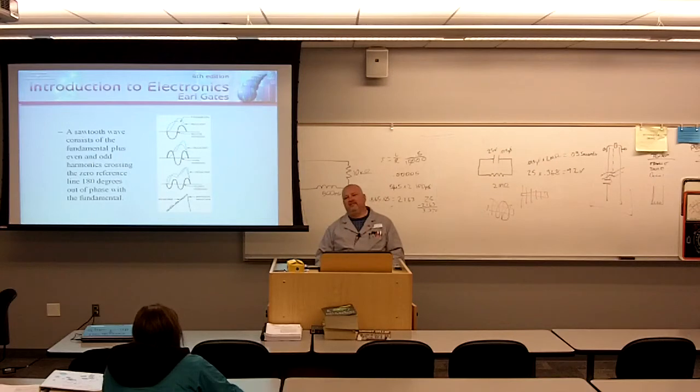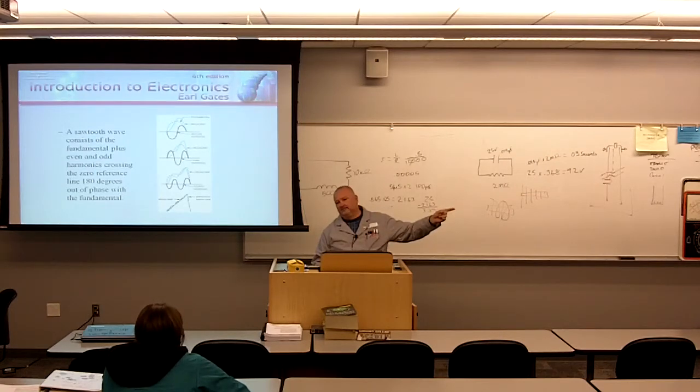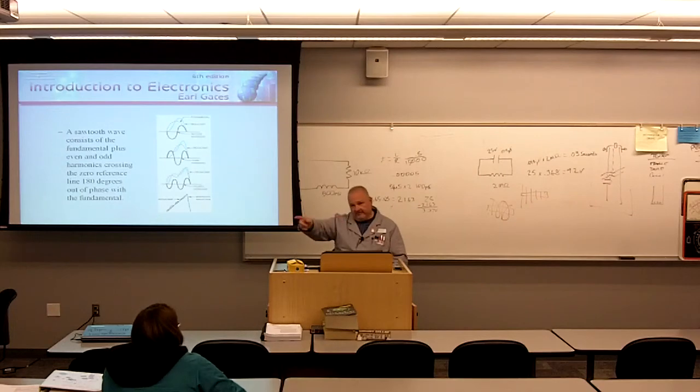A sawtooth wave. Sawtooth wave is a very popular wave that creates the raster in a CRT display or on a radar display. It's what actually pulls the electron beam horizontally from left to right. The sweep generator inside an oscilloscope is nothing more than a sawtooth generator.